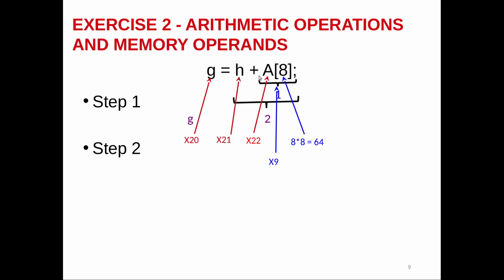The value that we load from element number 8 of memory A will be stored in register X9, and the value for H will be stored in register X21. And so the value for G will be stored in register X20. So we will have X20 equal X21 plus the value in register X9. Now we will go to step 3.